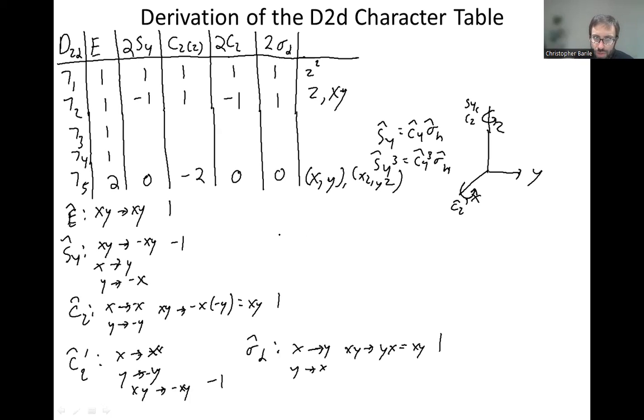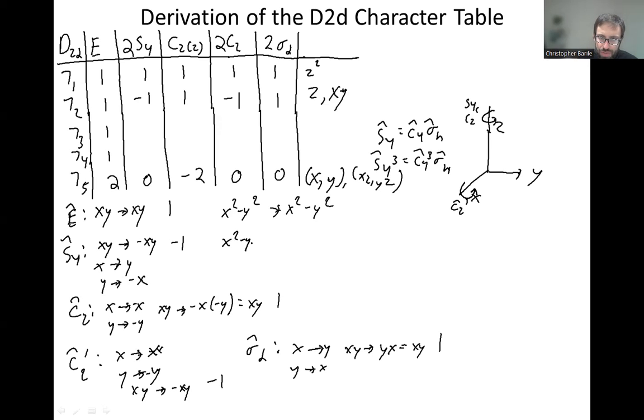Let's keep trying. What about x squared minus y squared? Well, we have some nice math here, of course, for identity. It's going to go to itself. Here we have x going to y.